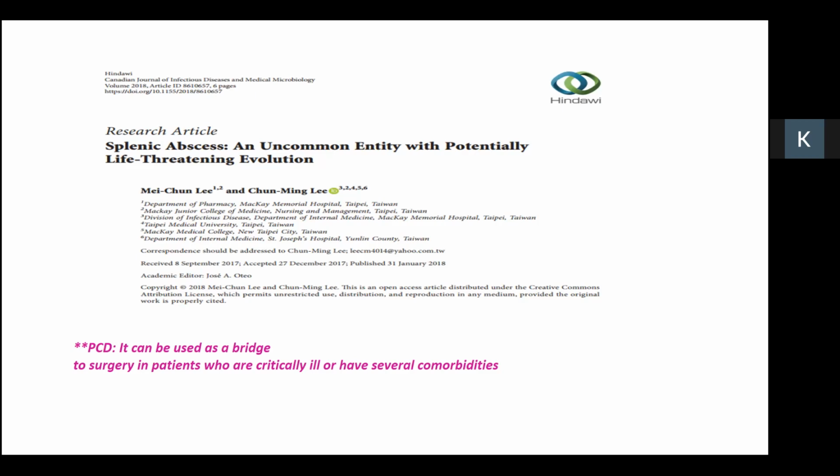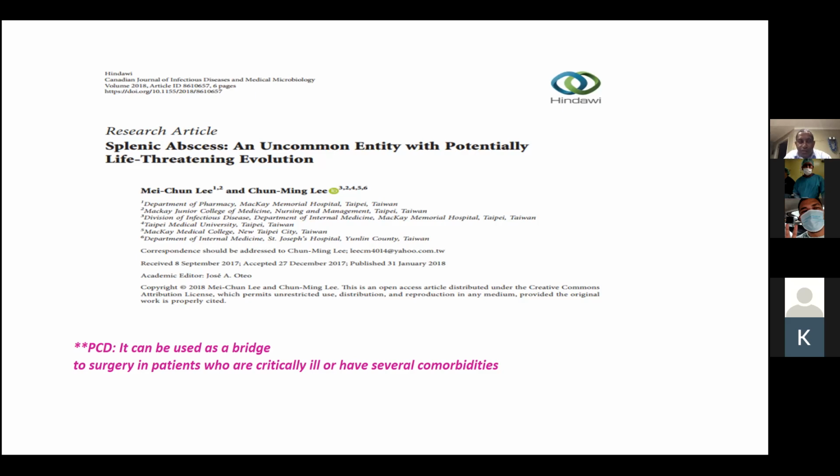Once you've confirmed the diagnosis with ultrasound, plus or minus further imaging with CT or MRI, then it's drainage versus splenectomy. Indications for drainage: if it's visible and available, and we would check the coagulation first before we intervene. Those that require a splenectomy are complicated ones, those that have ruptured, and large ones.